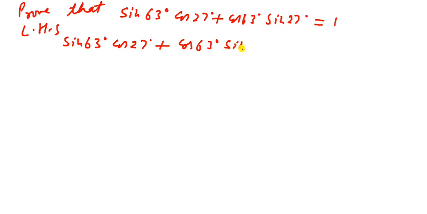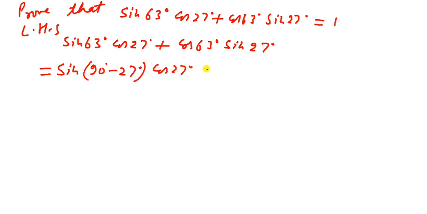Taking the left hand side, it is sin 63 degree cos 27 degree plus cos 63 degree sin 27 degree. Those angles which are greater than 45 will be changed.